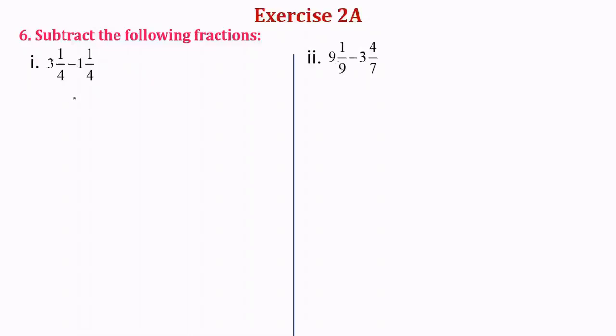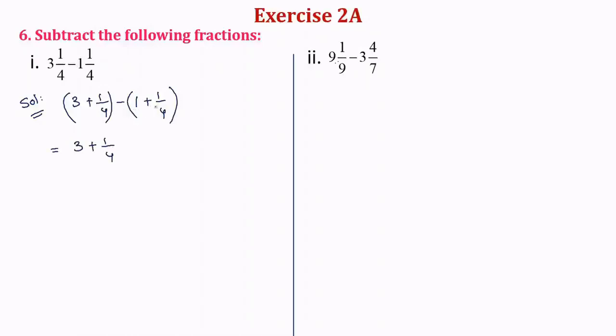So now here also you can use this method. First you can write 3 1 by 4 as 3 plus 1 by 4 minus 1 by 4 as 1 plus 1 by 4. Take it in the brackets because there is a negative sign in between them. So it is equal to 3 plus 1 by 4.